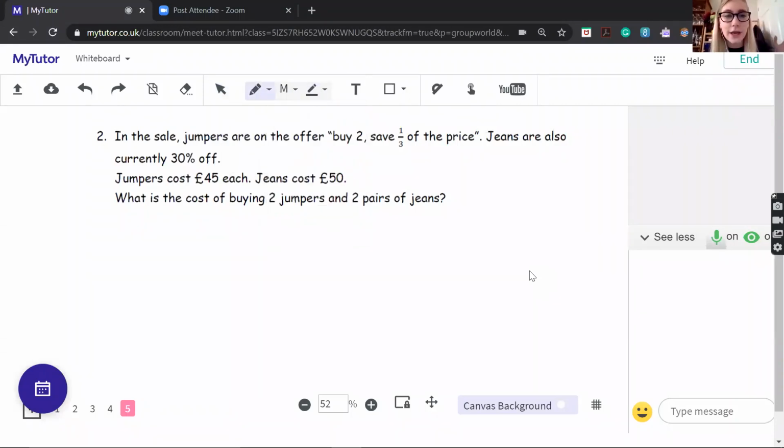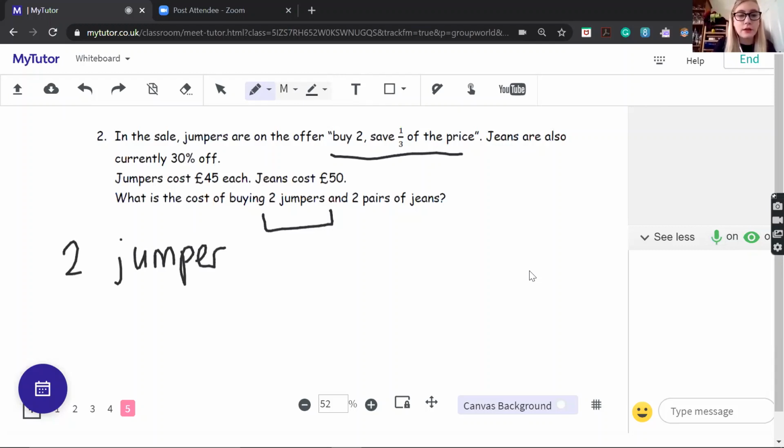Let's start with jumpers, because that's the first one that's on here. So jumpers are buy 2, save 1/3 of the price. And that's exactly how many we want. So first of all, 2 jumpers is going to cost us £90, 45 times 2. And then we want to save 1/3 of the price.